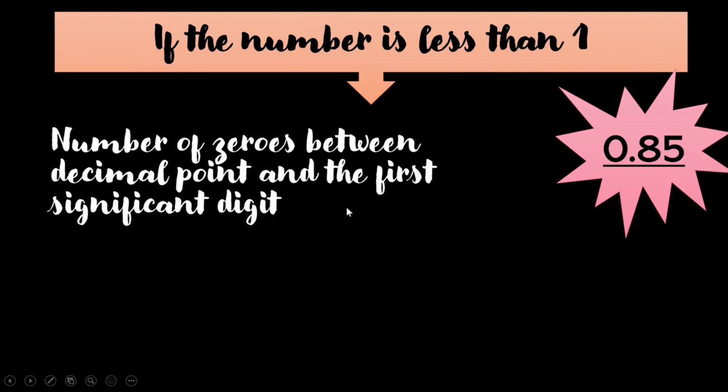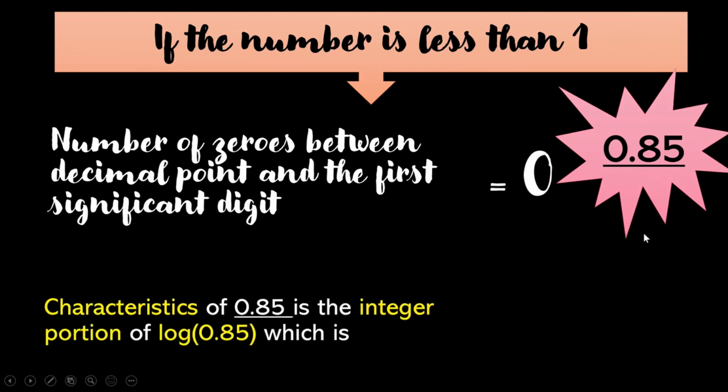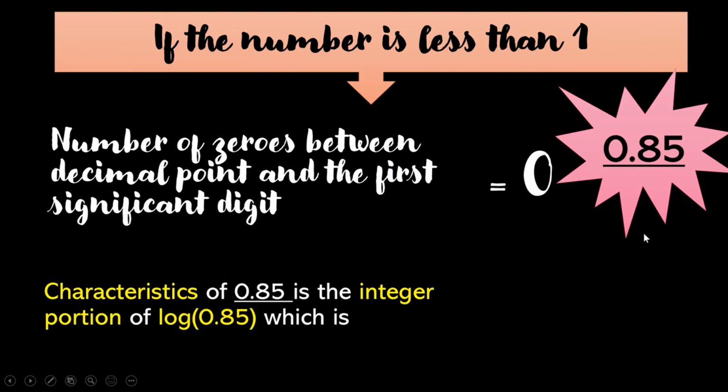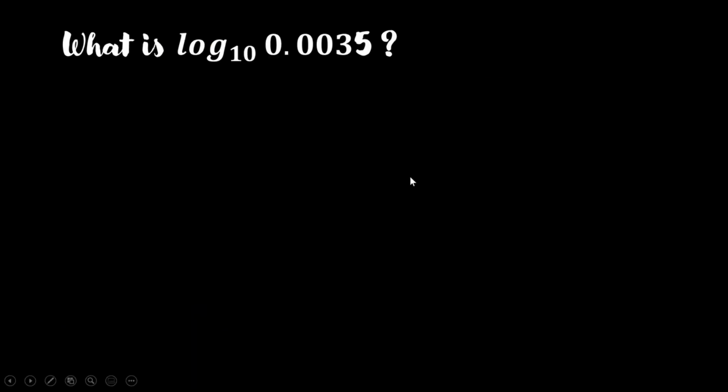No. So we can conclude that there are no zeros between the decimal point and the first significant digit in this example. Our characteristic, as we just checked, is bar 1, or we can write it as minus 1. Let's verify this with the second example. Let's check what will be the characteristic of log of 0.0035.